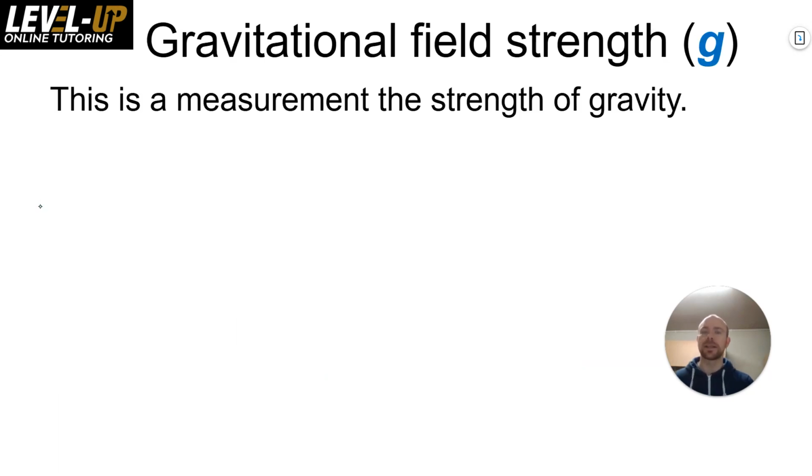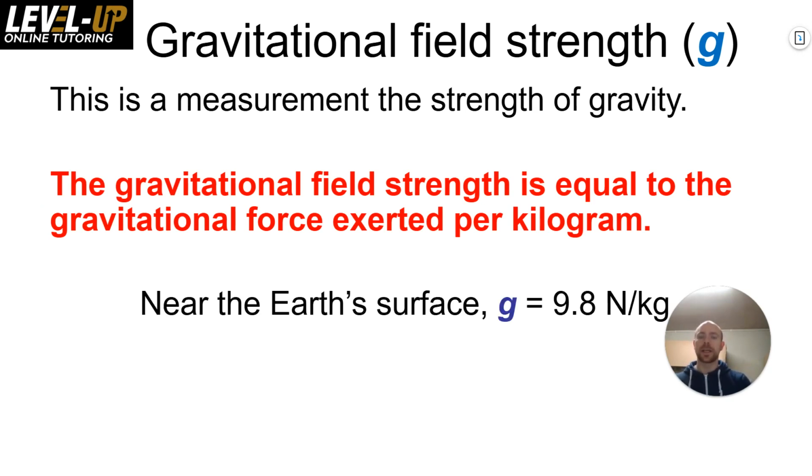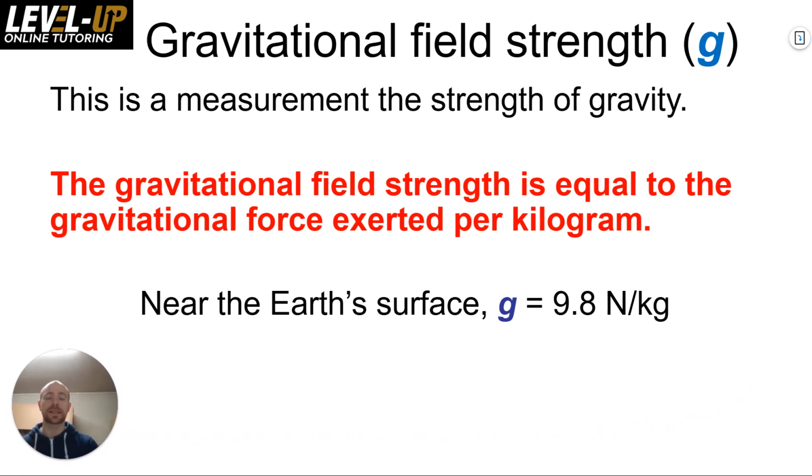The gravitational field strength is a measurement, as the name suggests, of how strong the gravity is in that particular place. And it's equal to the gravitational force exerted per kilogram. So, as I said, on the Earth's surface, g is 9.8 newtons per kilogram. And those units are telling you exactly what it means.